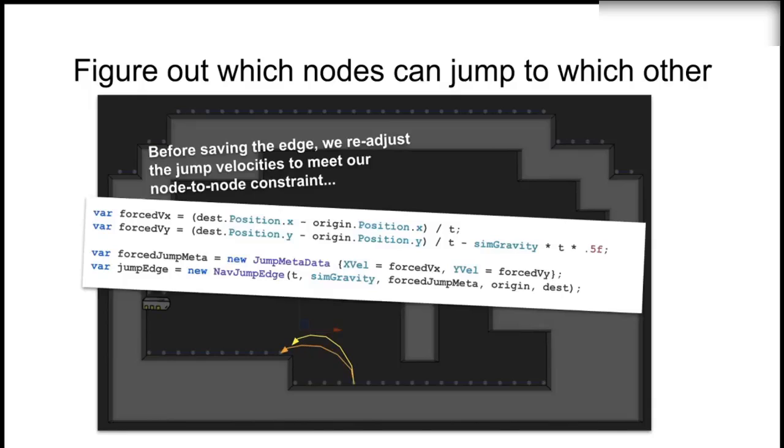So there's a little bit of shenanigans here where once you know that two nodes are jumpable, you can back solve for the exact velocity that would lead you from the start node to the destination node, so that when the jump is done, the character is standing exactly on that node, which comes in super handy in a second.